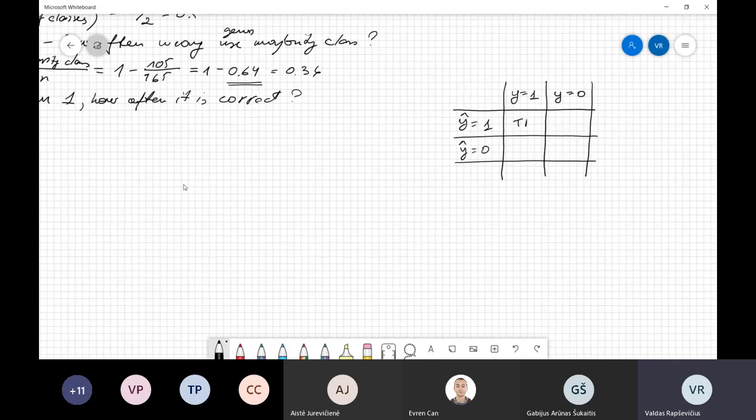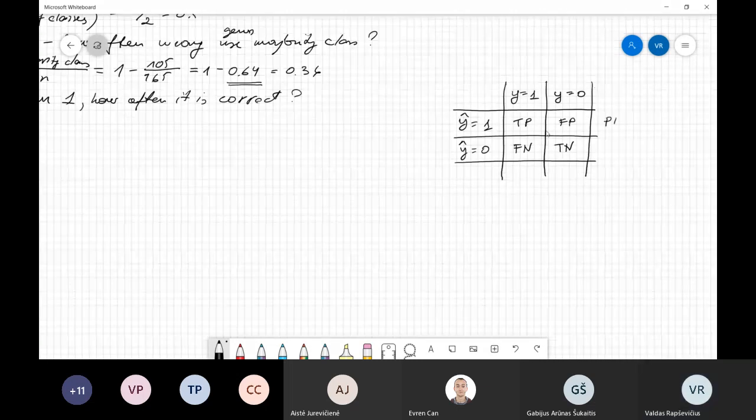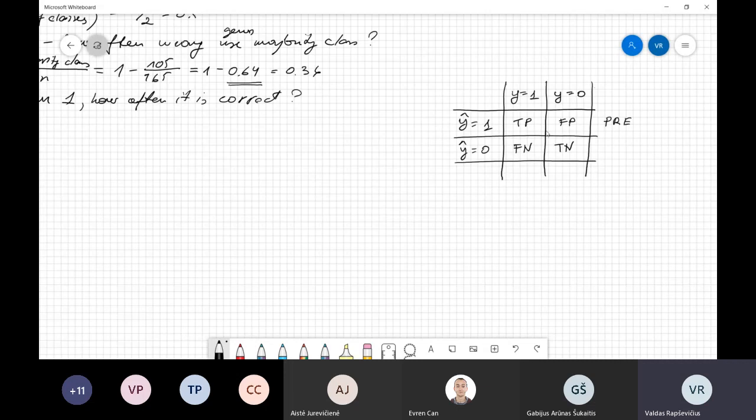This is true positive, false positive, false negative, and true negative. So precision is when we guess that we have 1, how often is it correct, right? So precision is true positives divided by the guess that it is 1, right?